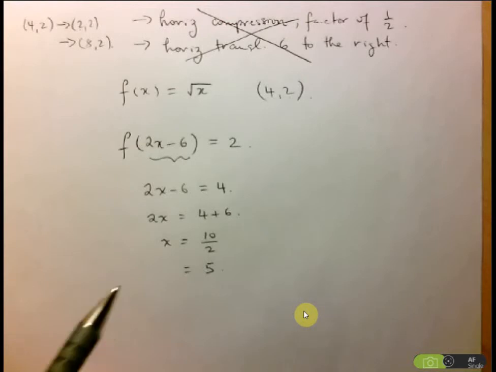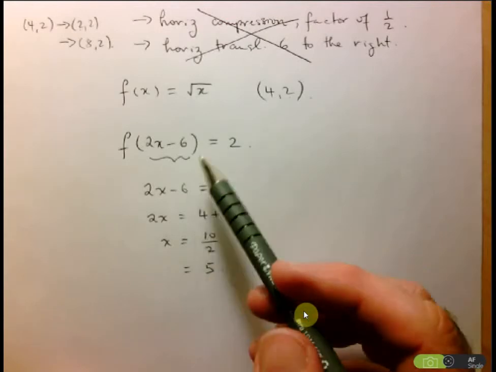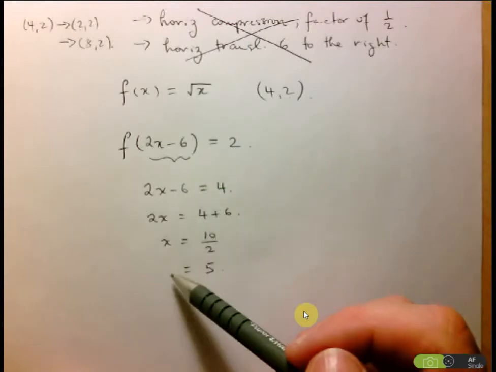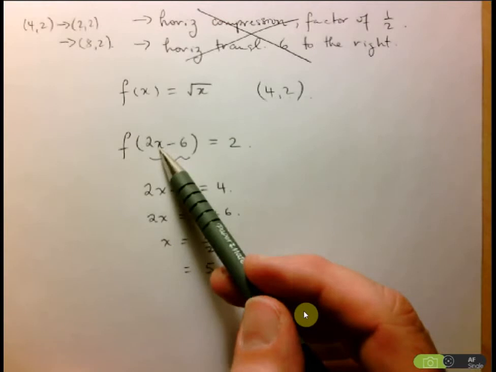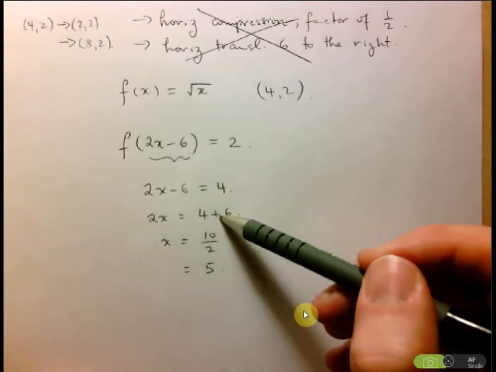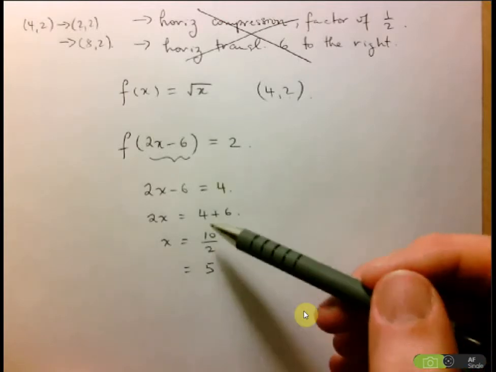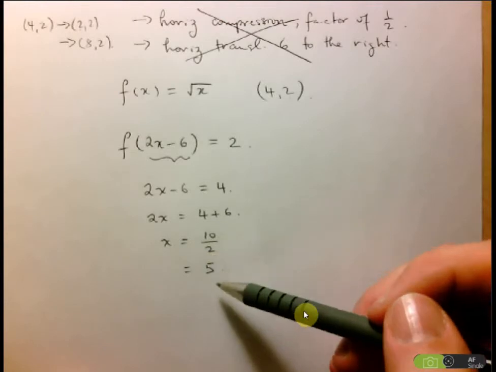Okay, so we're going to explore this a little further, because remember, in the end, our goal is to be able to determine these new points by considering them as transformations of our original parent function. And in this process, I notice a little problem that doesn't jive with what we were looking at before.